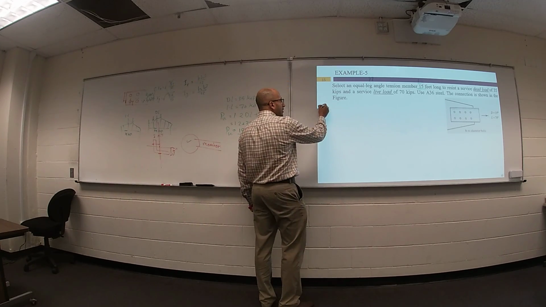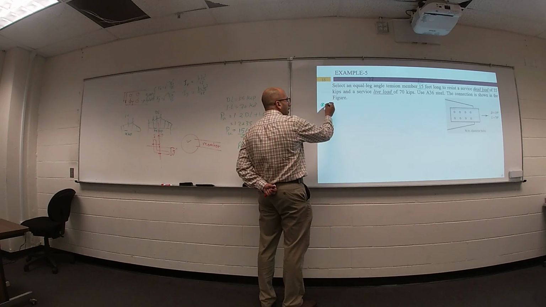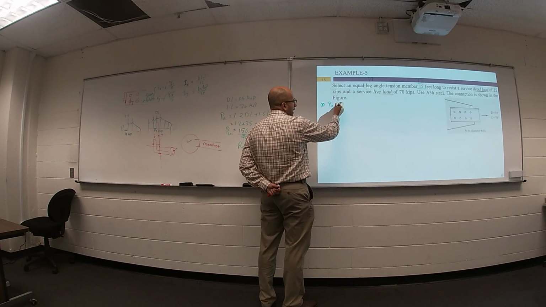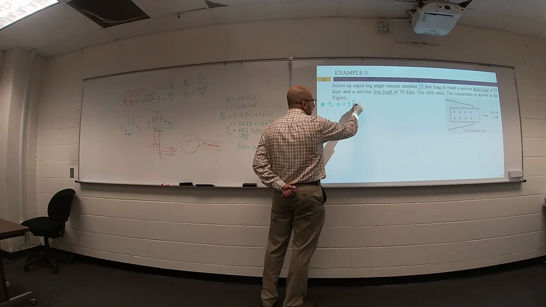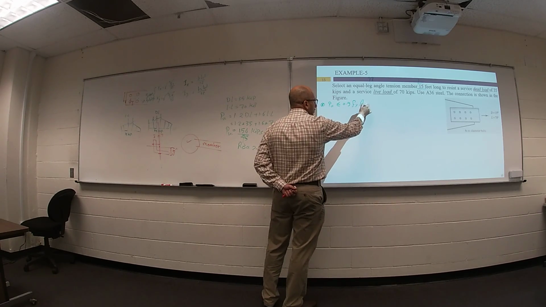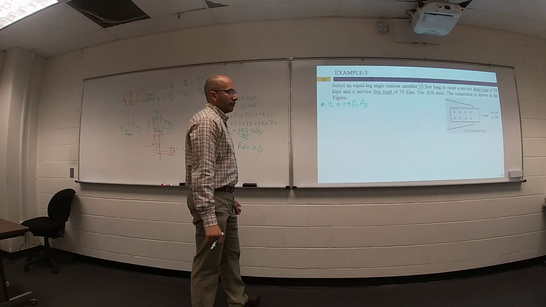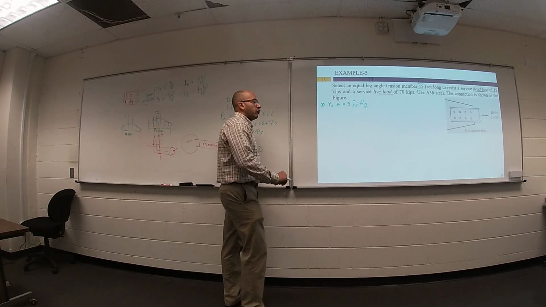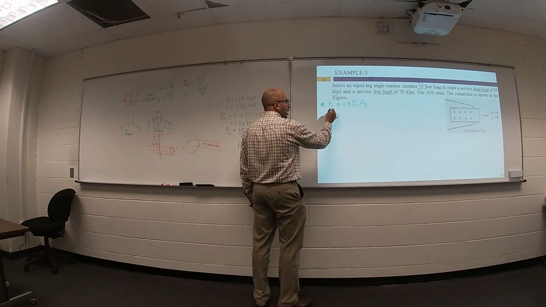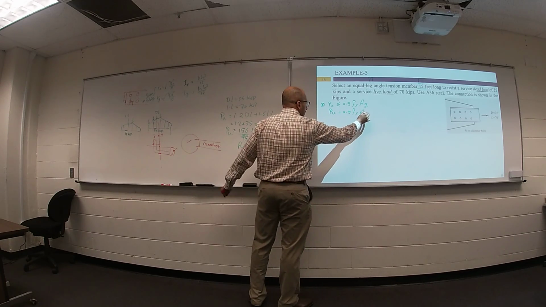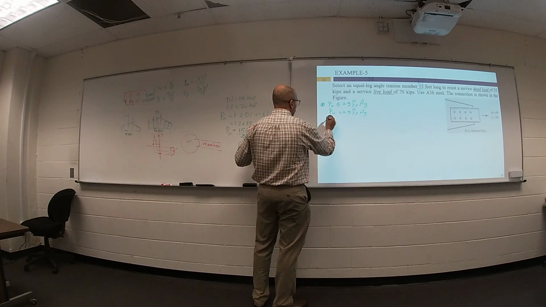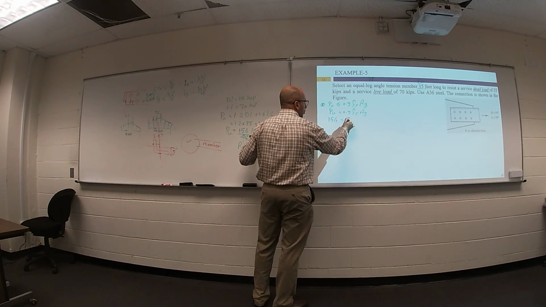Anyway, first step, P ultimate must be less than or equal to 0.9 times F yield times area gross. For minimum, I will assume P ultimate equals that. P ultimate, I know, 154 equals 0.9.